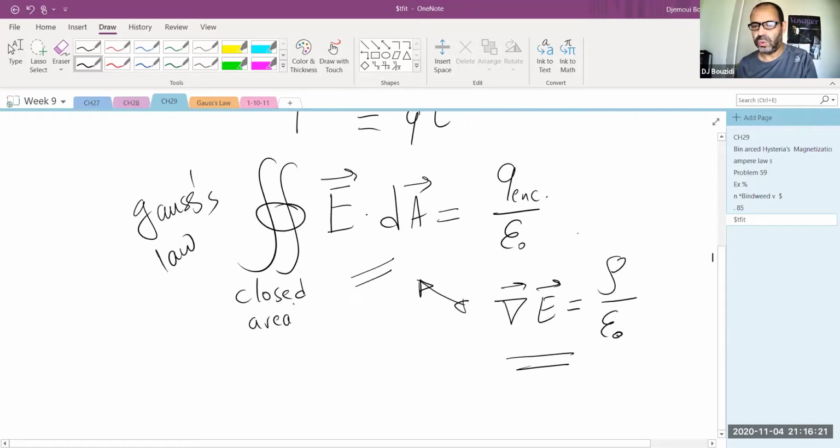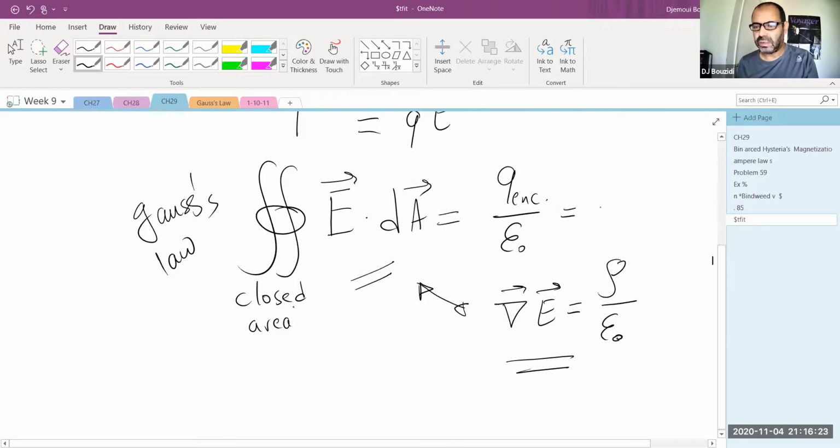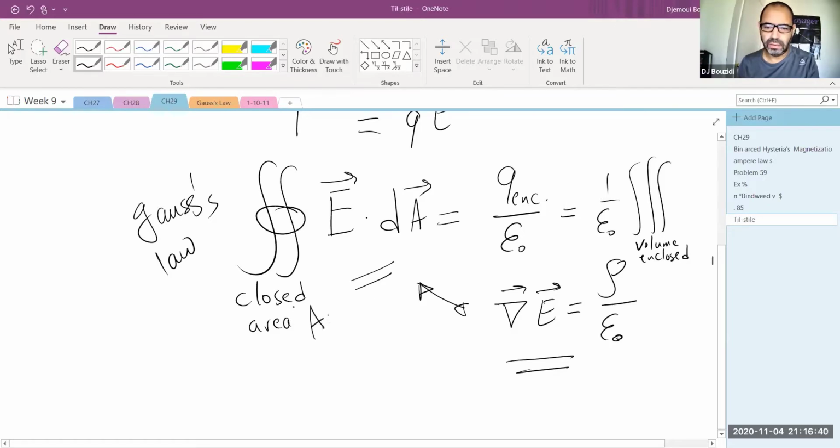The reason why this is true is because this integral in here, you can write it as 1 over epsilon naught, the sum of the charge enclosed, is the integral over the entire space enclosed by that surface. So this is the volume enclosed. I'm going to give it a name, so that's area A, of rho dV.